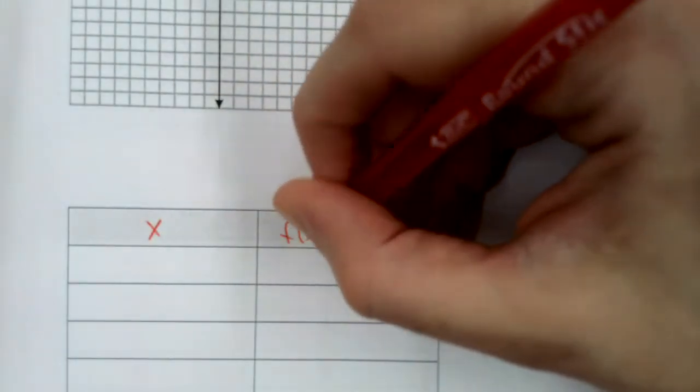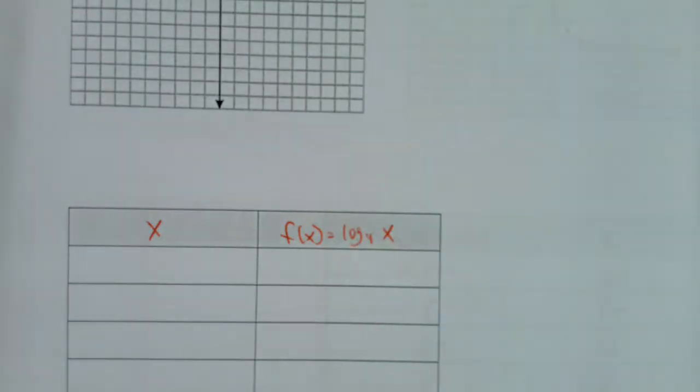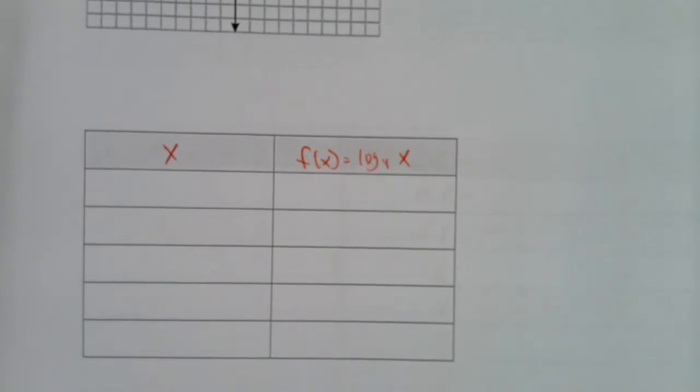Let me copy down f of x equals log base 4 of x. Now, there's a few ways to do this problem. I don't think any of the ways are actually easy. But think of some x values that you can easily get f of x for.